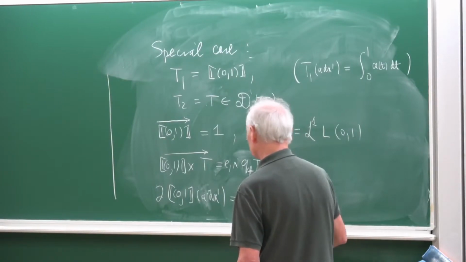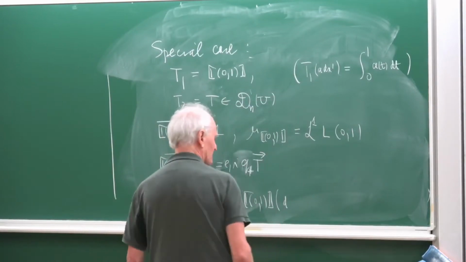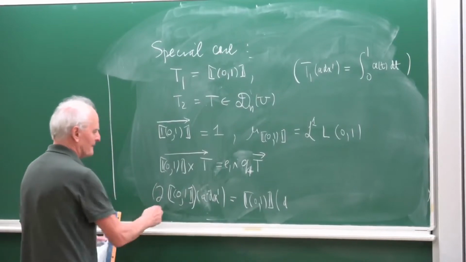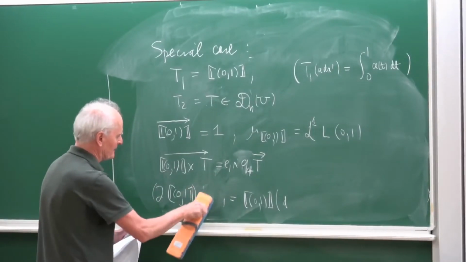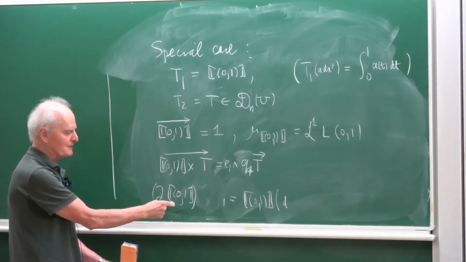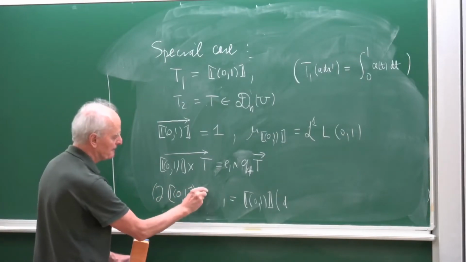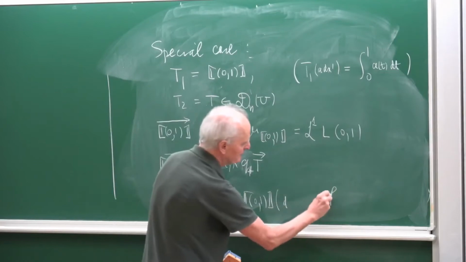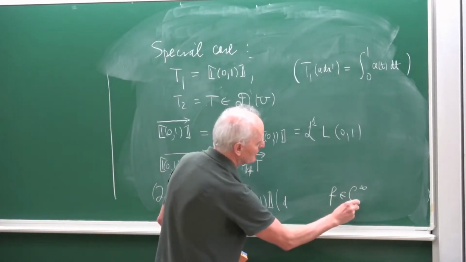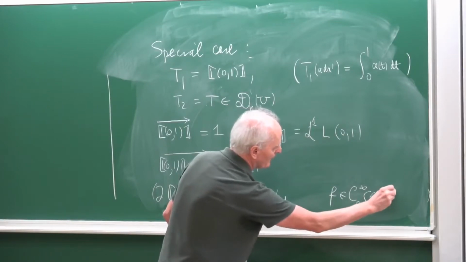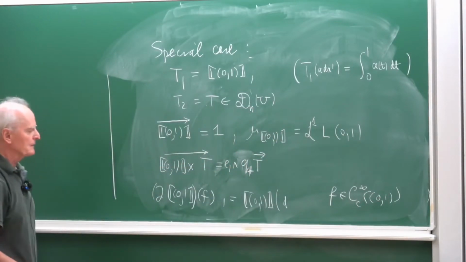Oh, sorry, stupid. That's not a 1 current, this is a 0 current, right? It's the boundary of a 1 current, that's a 0 current. That means you've got to hit a function. So f is in C infinity with compact support on the unit interval, 0, 1. So we've got to say what that is.